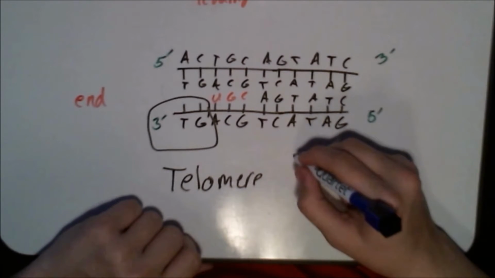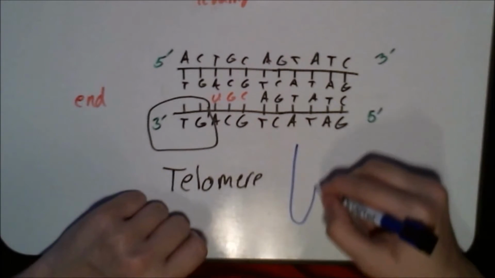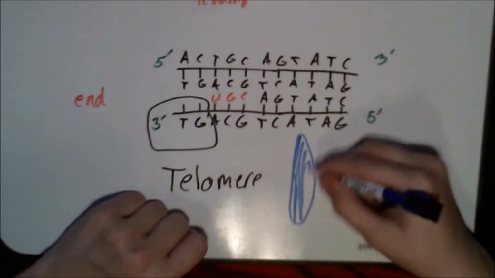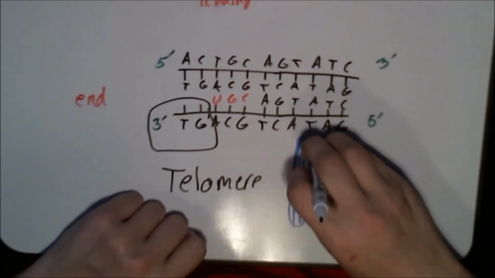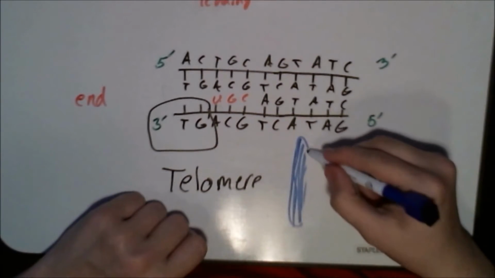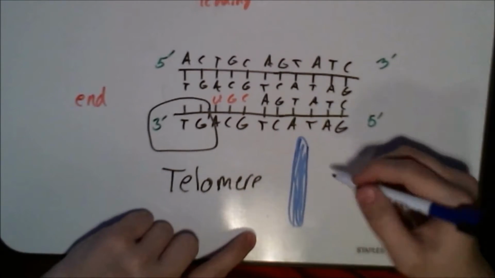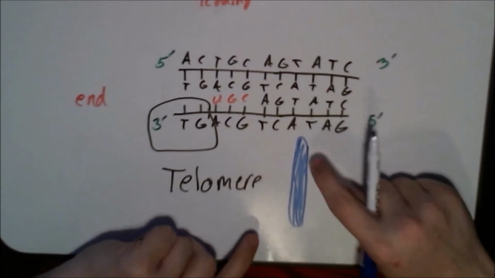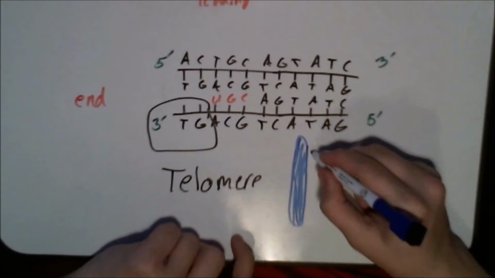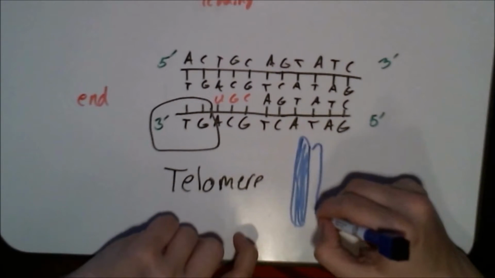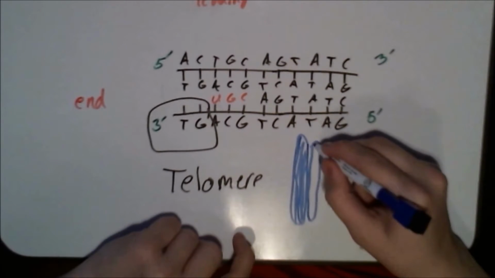So the chromosome, which by itself looks something like this, although maybe not so thick, just looks something like this. Let's say this is the chromosome of a 10-year-old versus the chromosome of a 50-year-old.